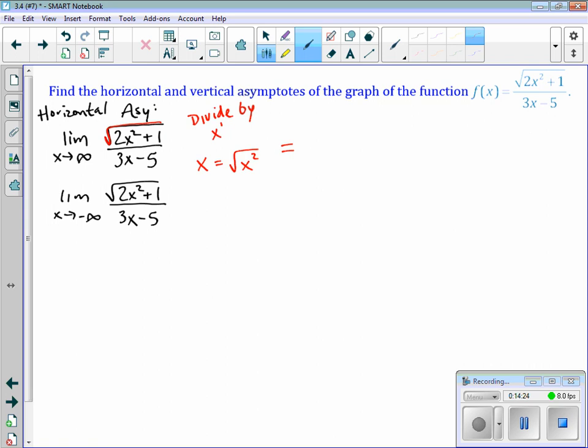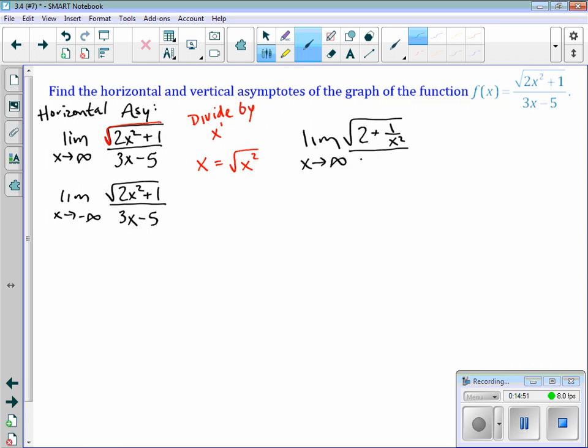Okay, so I suppose I can get rid of my equals because I have some work in between here. I'm going to divide everything in the top by x squared, plus 1 over x squared. Everyone see where that came from? And everything in the bottom that's not under a square root, I just divide by x.